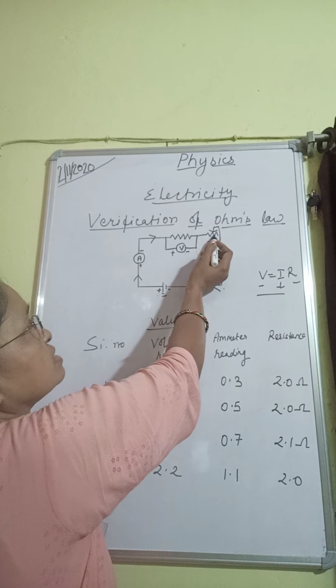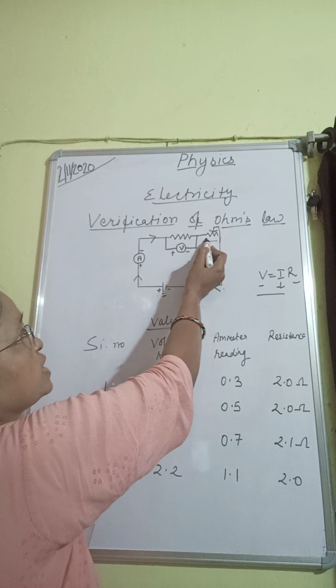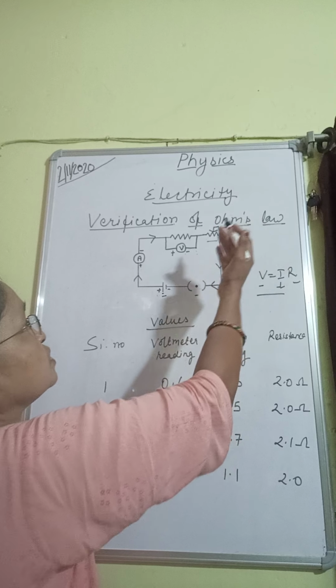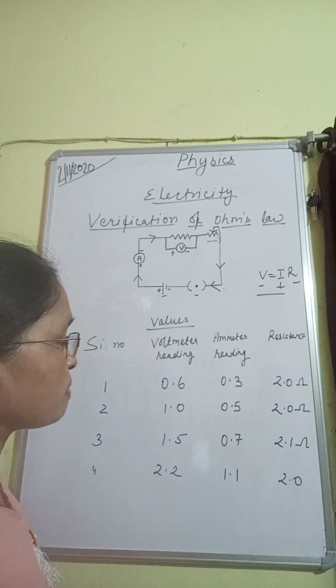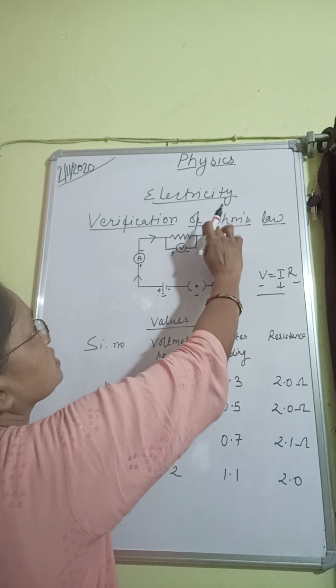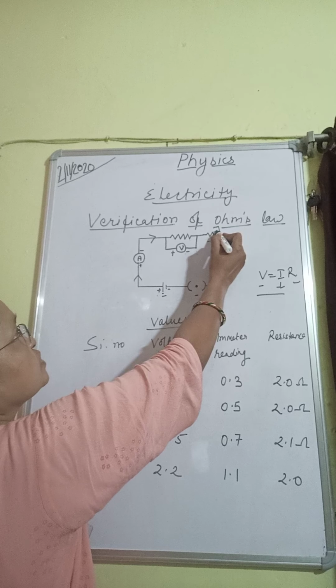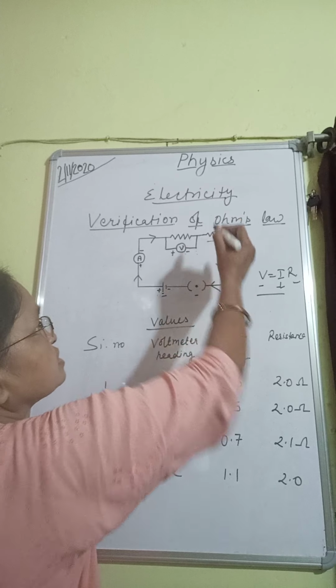Rheostat, just slide this one to this point or this point, right or left. Better you start from the right only. So first of all, this should be at this notation, this point.